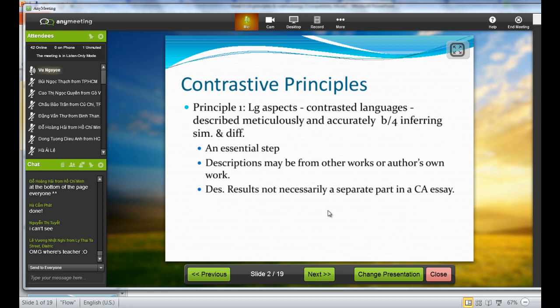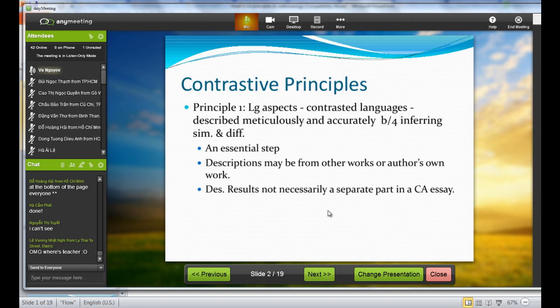Now, in order to conduct contrastive analysis work, there are several key principles that we need to stick to. The first principle is that before comparing and contrasting language pairs, we need to describe the pair carefully, meticulously, and accurately.